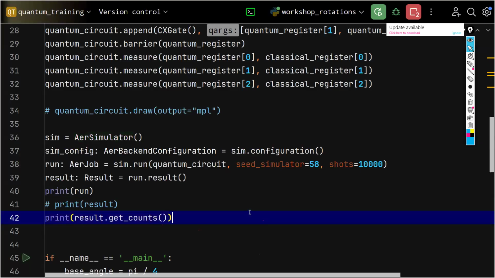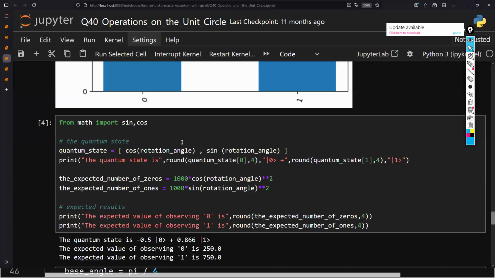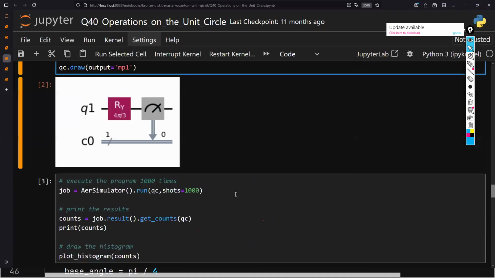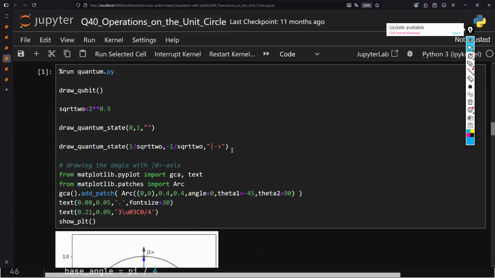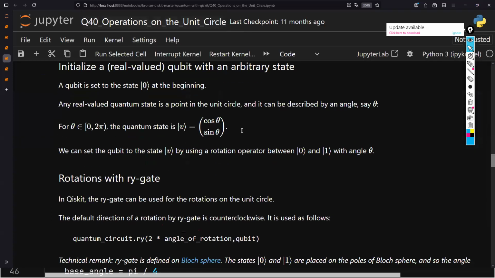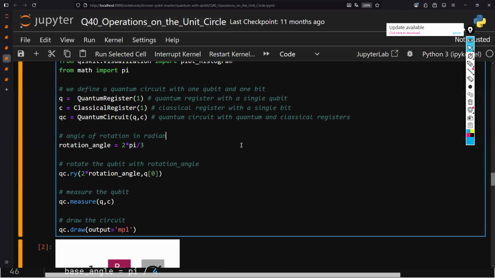And these tasks that I have presented to you and these notebooks, right? For example, here, this notebook from QBronze, operations on the unit circle, these are standard notebooks that we have linked and we are going through.